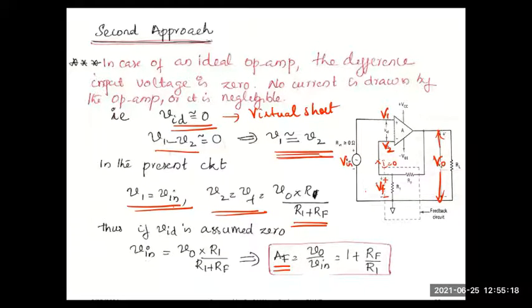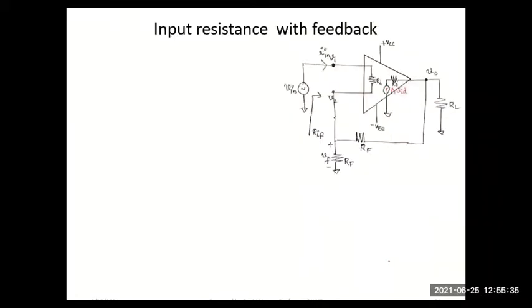You write the expression for Vf, then you get V in equal to V0 R1 by R1 plus Rf. From these two, LHS and RHS, you extract V0 by V in, and you will get 1 plus Rf by R1, right? So that's about the voltage gain. We can find it in any one form.